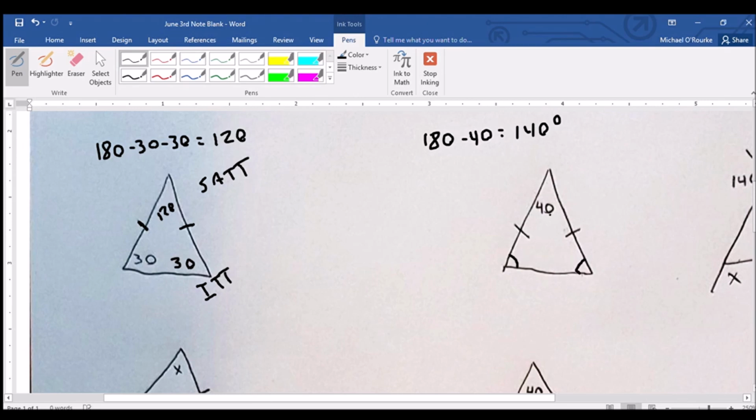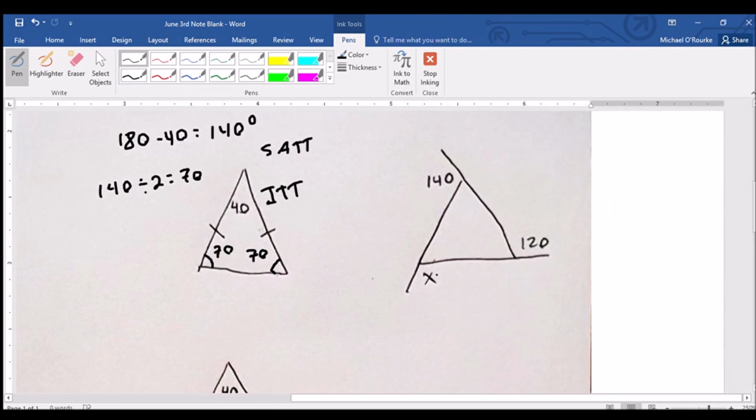Due to isosceles triangle theorem. So that would mean it's 140, and there's two angles, so we're going to divide this by 2, which is going to equal 70 degrees each. 70 and 70. And there's our answer. Now hypothetically it's SATT as well, because we have to do the first part.